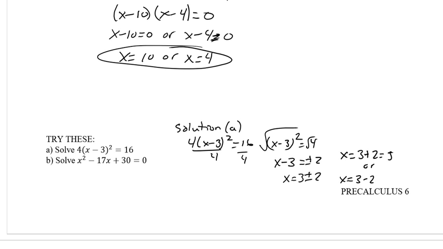For B, we look for two things that multiply to be 30, and we always look at multiply first because there are fewer possibilities, fewer things that multiply to be 30 than there are that add to be negative 17. So I'm looking at 30 and 1, 15 and 2. 15 and 2 are going to make 17, but I need negative 15 and negative 2 because it has to make negative 17.